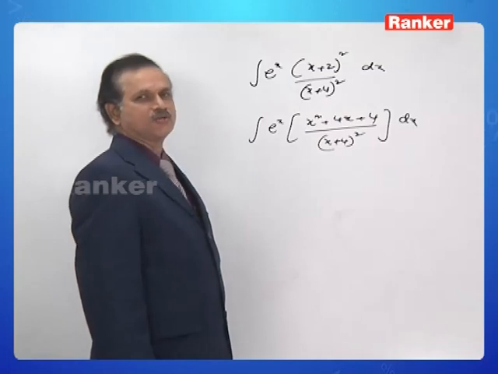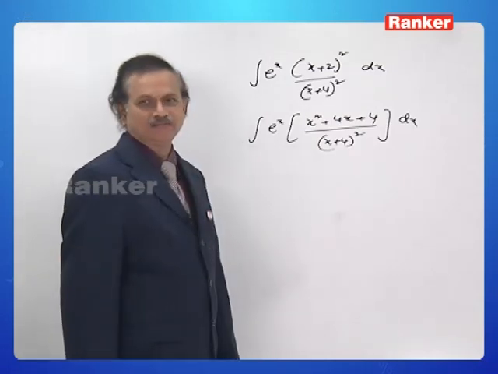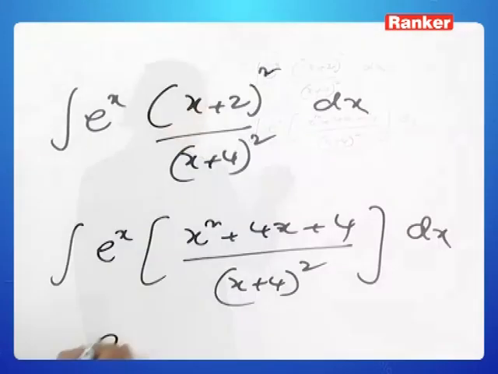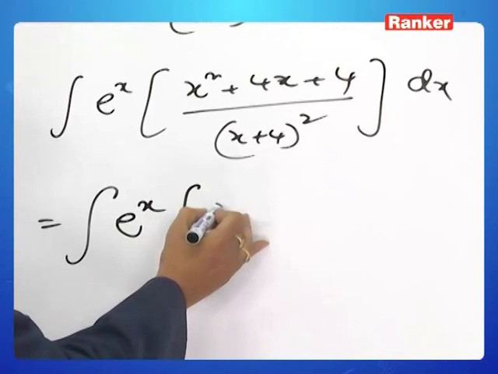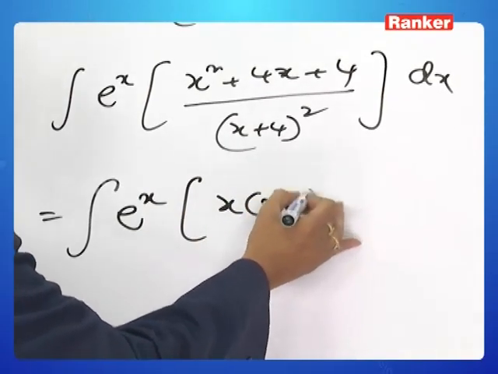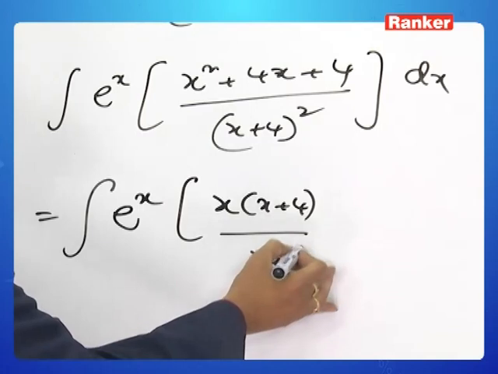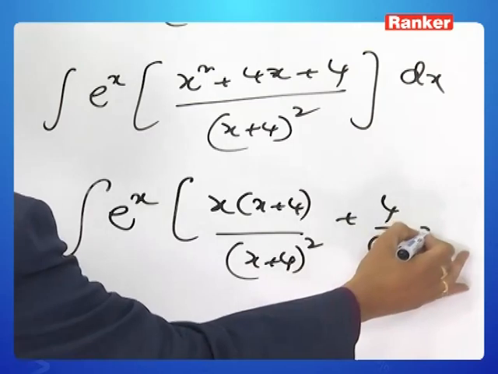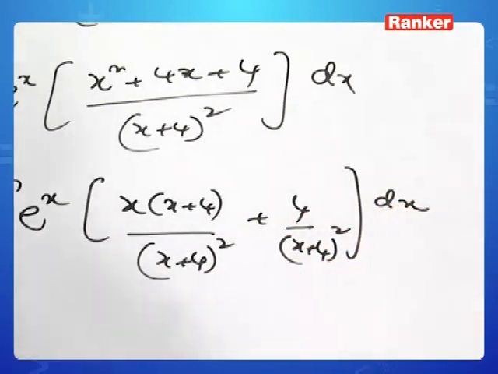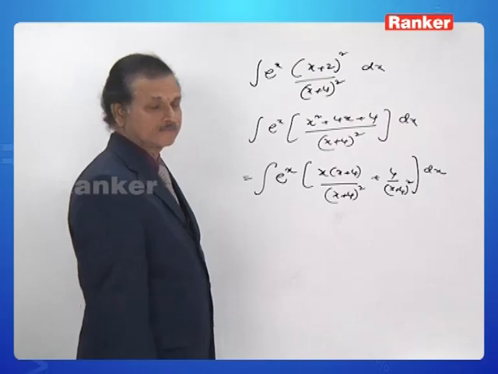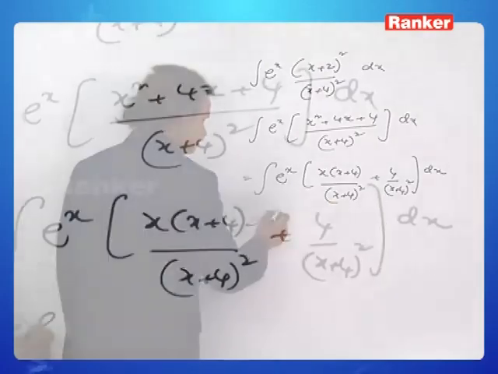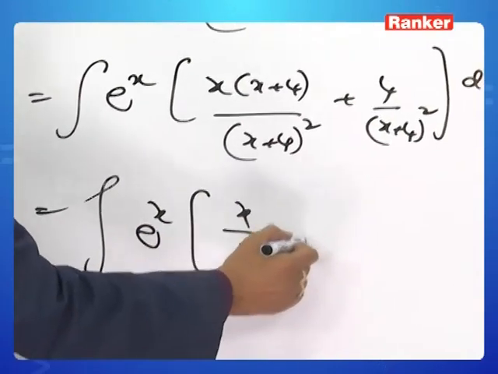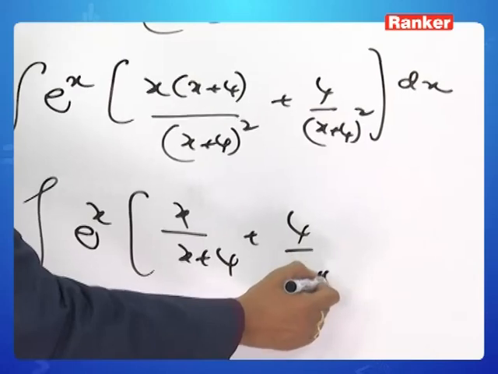I think you could have understood what I have done. I have just expanded x plus 2 whole square. This is equal to e power x into x plus 4 by x plus 4 whole square plus 4 by x plus 4 whole square dx. You can cancel x plus 4 here so that it is e power x into x by x plus 4 plus 4 by x plus 4 whole square.